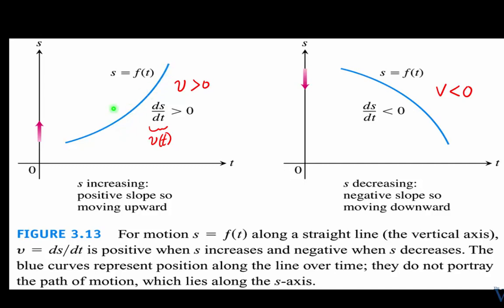If you look at the slopes of the tangent lines at every point of the curve f of t, then we know that its velocity is positive, because ds by dt is positive. Now, if you start off at this position and then you're decreasing, then the velocity would be negative, because it's moving downward.